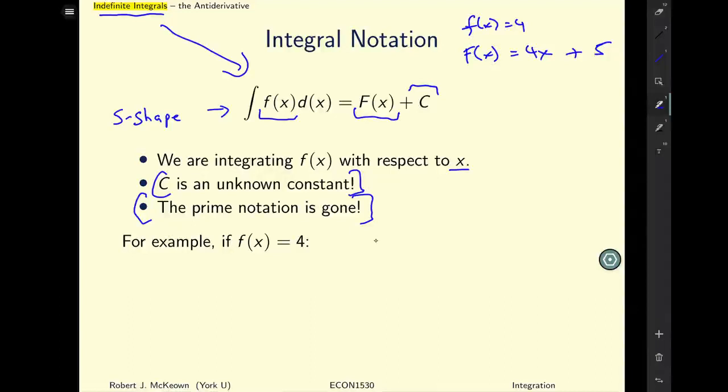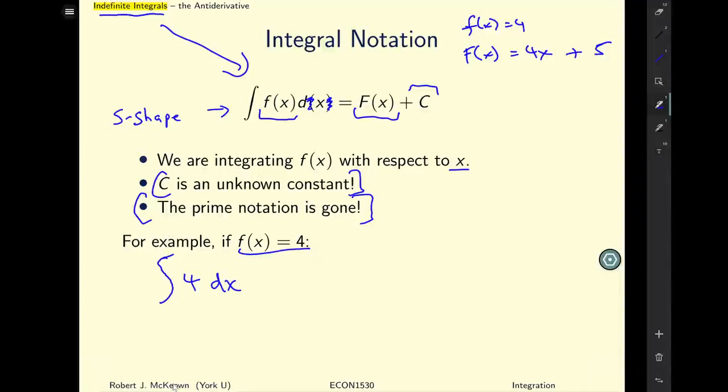Now, how do you use this notation? Well, suppose I have my integral sign like that, and I have 4. Remember, f of x was equal to 4. It's rewritten right there, dx. So I realized we don't really need these. In fact, we don't want those brackets there. We'll just write it as dx.